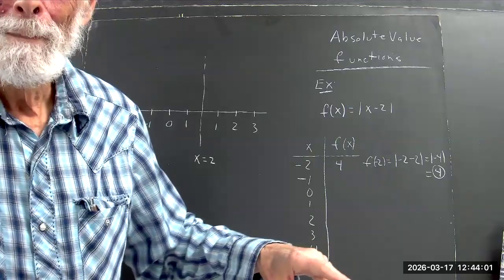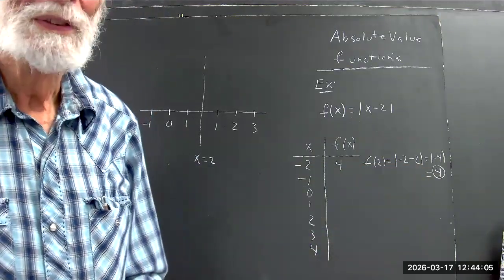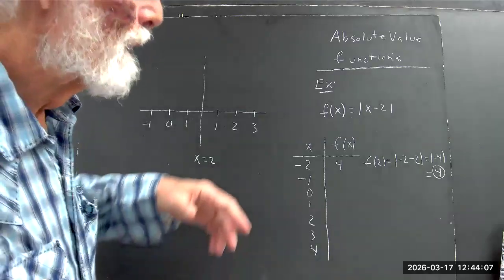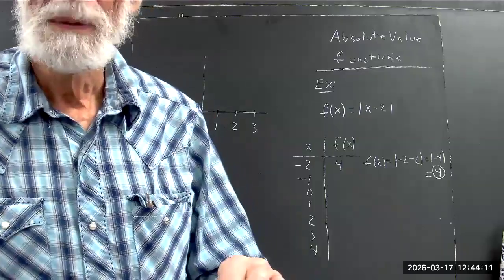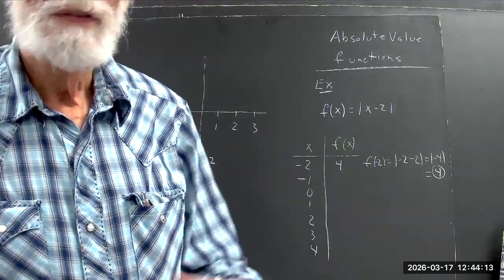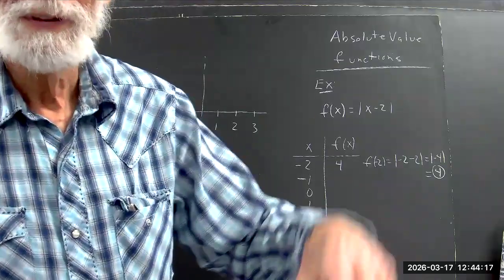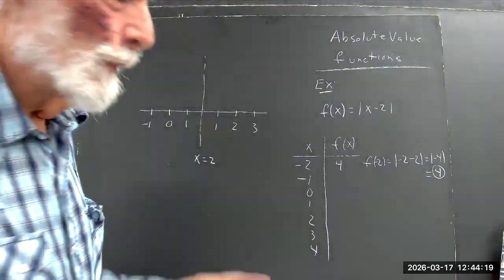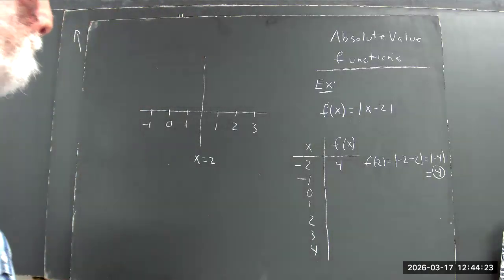It's not what absolute value means. By definition, the absolute value of a number is equal to the number if the number is positive. If the number is negative, it's equal to the negative of the number, which would be positive. That's a definition you want to keep in mind.